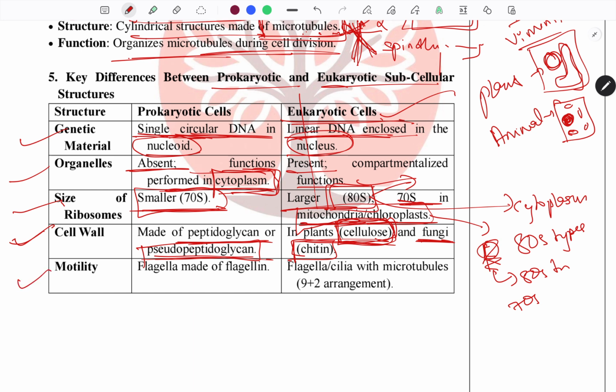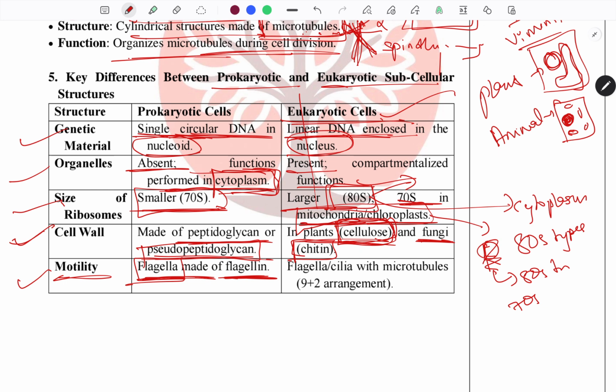Coming to the locomotory organ or motility part, in prokaryotic cells flagella are present. The flagellum is the locomotory organ of the prokaryotic cell, and it is made up of flagellin.